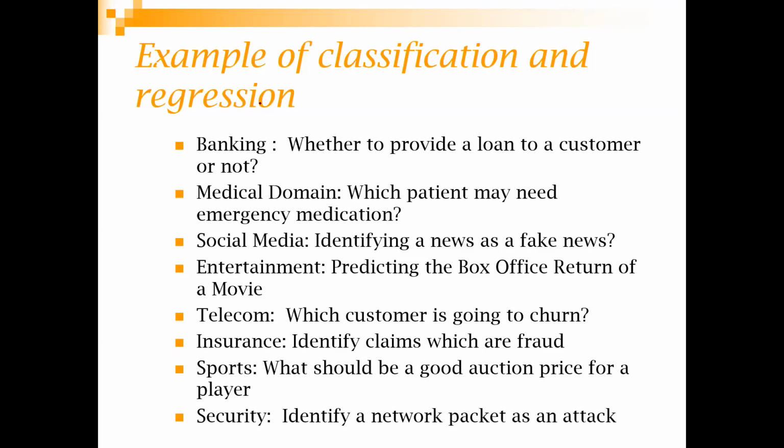These are their previous information, and you also know whether they defaulted on a loan or paid back timely. Now you use that to build a program of your own, which, when a new customer comes, you apply, and it can tell you the chance of this person giving the loan back in time or not.